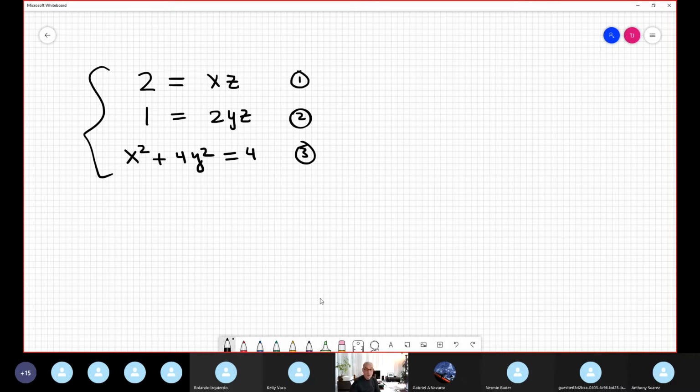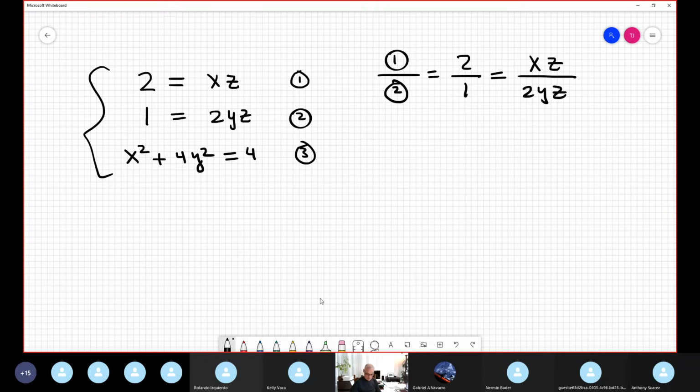You divide equation 1 by equation 2. This is not universal because there is no systematic way, but frequently it allows us to eliminate something. Equation 1 over equation 2 is 2 over 1, it's just 2. And on the right-hand side we have xz and 2yz.